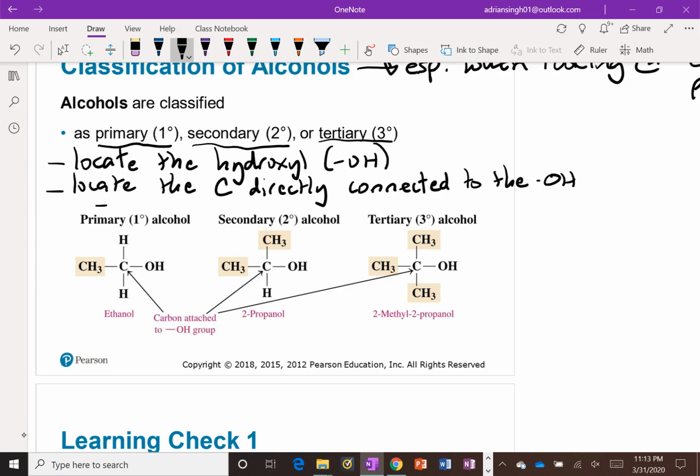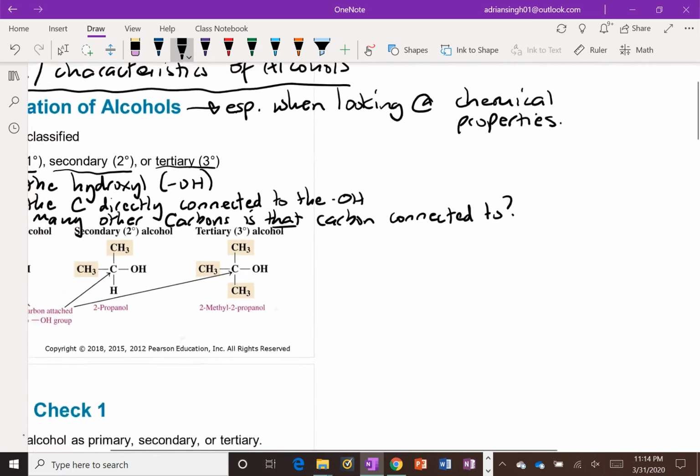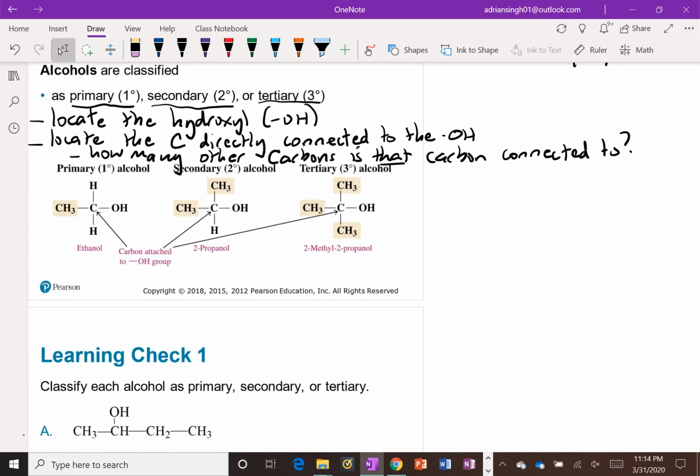And then we ask ourselves, how many other carbons is that carbon connected to? We base our classification of the alcohol on that, in that order.